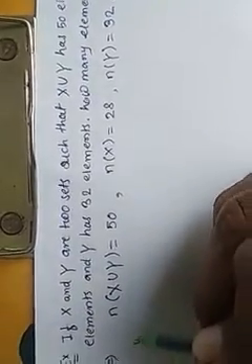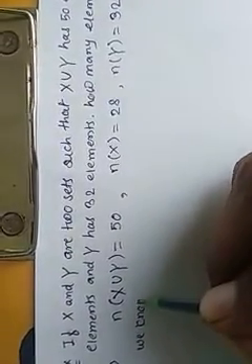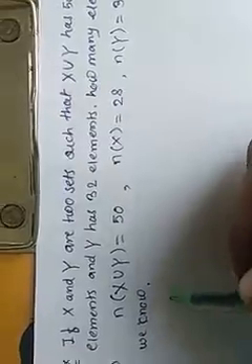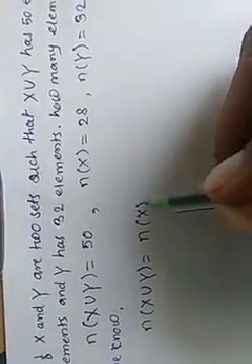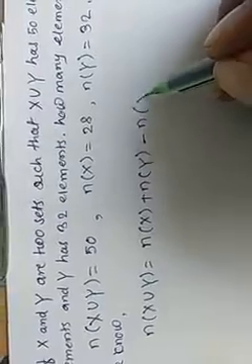Now we know that by the addition principle, n of x union y is equal to n of x plus n of y minus n of x intersection y. In this question we have to find x intersection y, so we shift it toward left and union toward right.